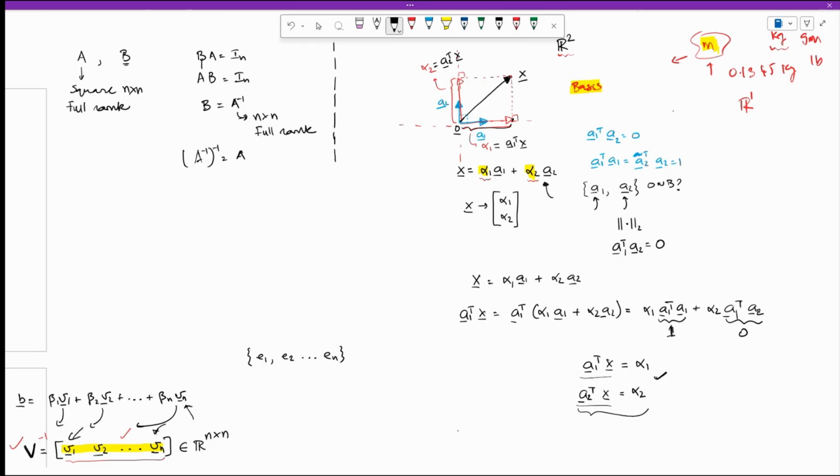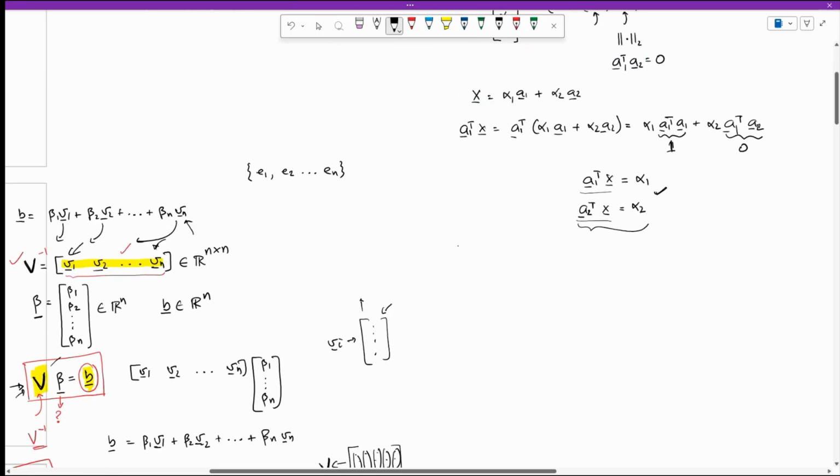Is it clear? So let's look at that. Let's say we did not know that A1 and A2 formed an orthonormal basis. Let's assume it was just some basis. And I asked you, well, can you convert X to the A basis? Then what you would have done is form a matrix A with A1 and A2 as its columns.